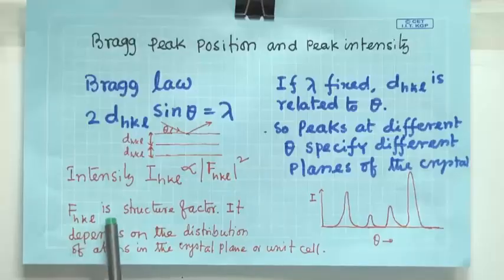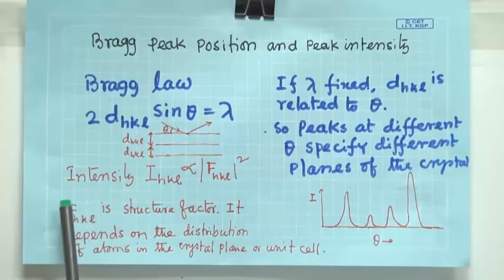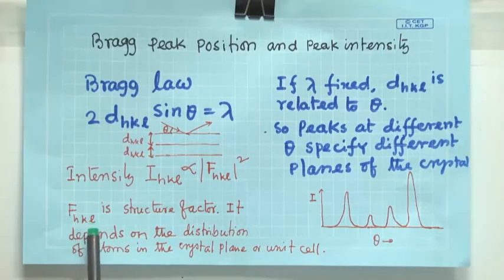So, it depends on the position of the atoms on a plane. Positional information is basically what we get from this, and we express it in terms of F_hkl.